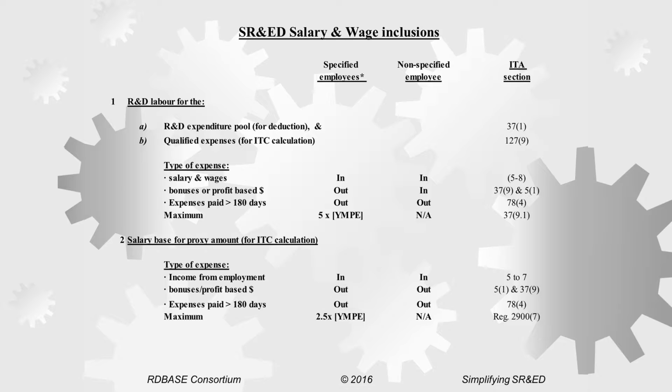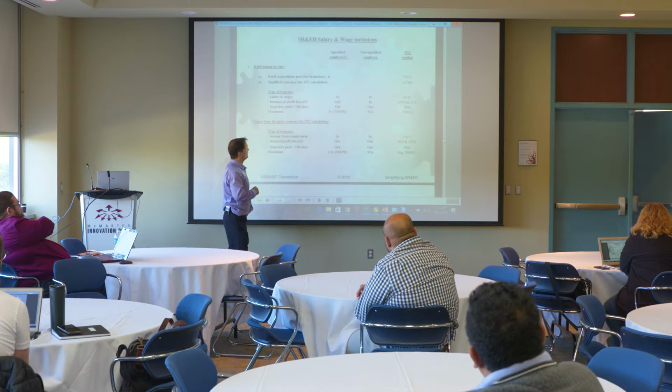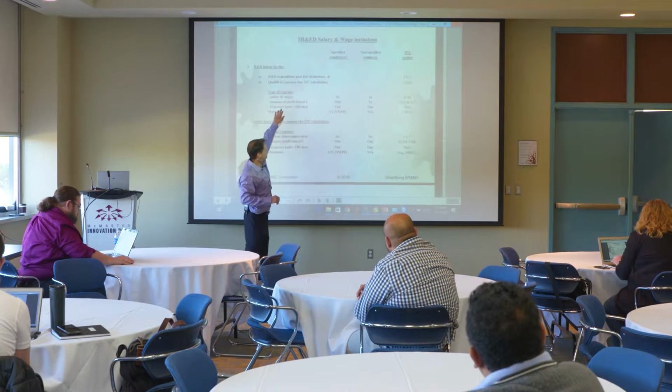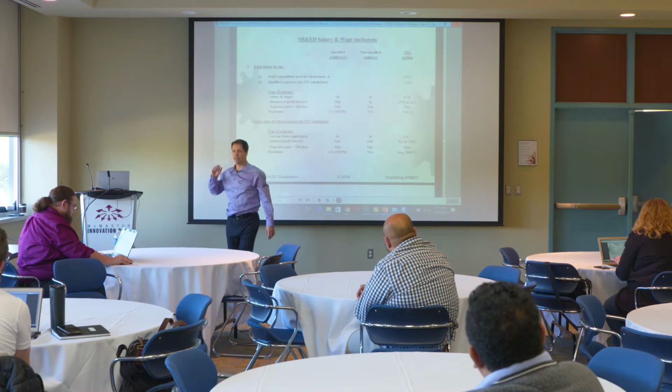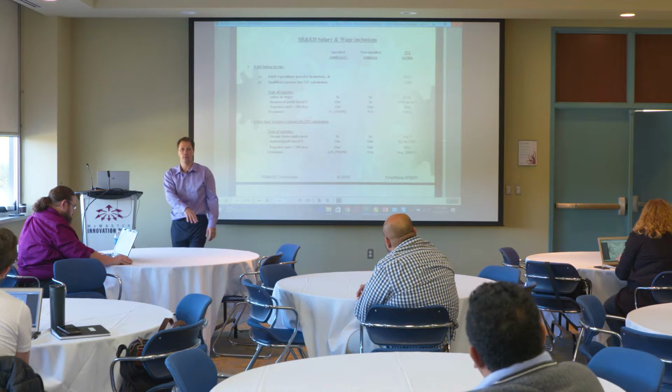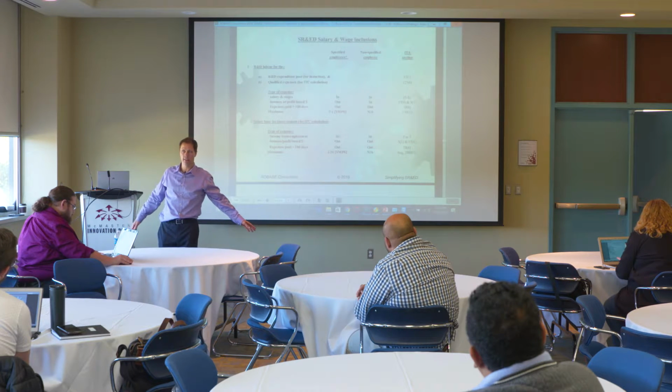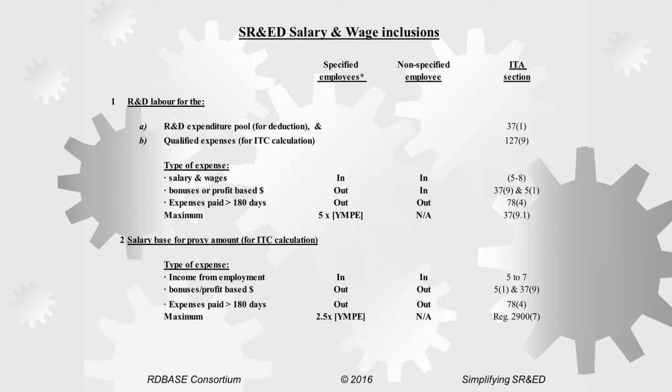Okay. To confuse it more, any bonuses that I pay to a specified employee don't count. So if I give you a $100,000 salary and a $20,000 bonus, none of that counts for the SR&ED. If you're not a specified employee, I give you $100,000 and a $20,000 bonus, it all counts for your wages. Okay?